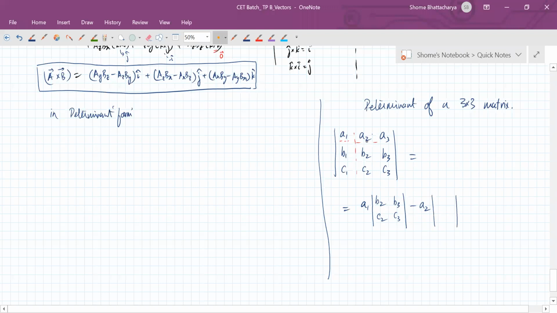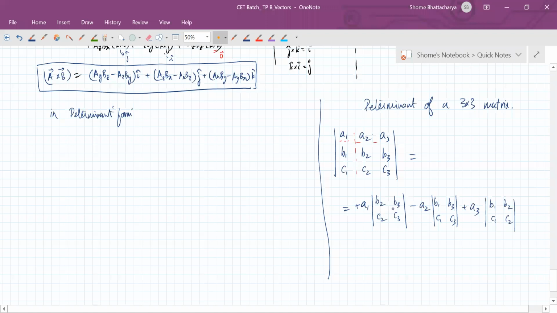Now once you take A2 out, leave out the second column, so you're left with the first and third columns. So it is B1, B3, C1, C3. And then similarly you take A3 out. A3 will again come with a positive sign just like A1. Only the middle term A2 comes with a negative sign. So take the third column out, and you're left with the first and second columns, so that is B1, B2, C1, C2.